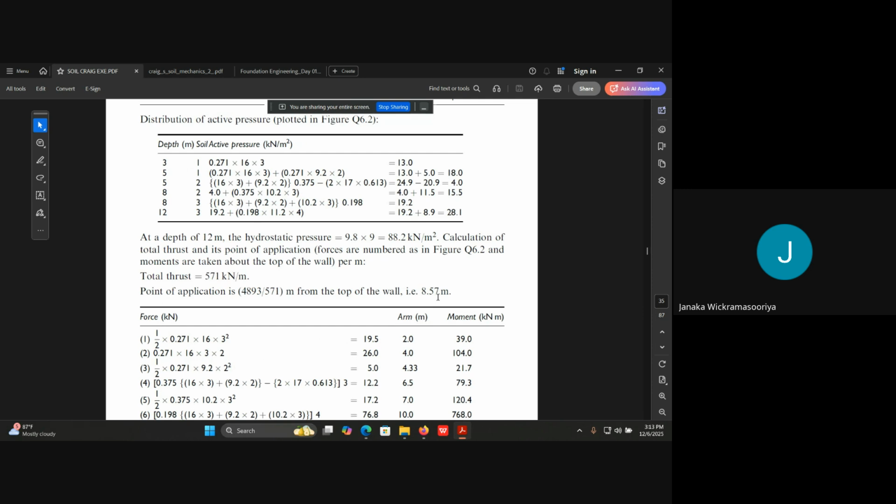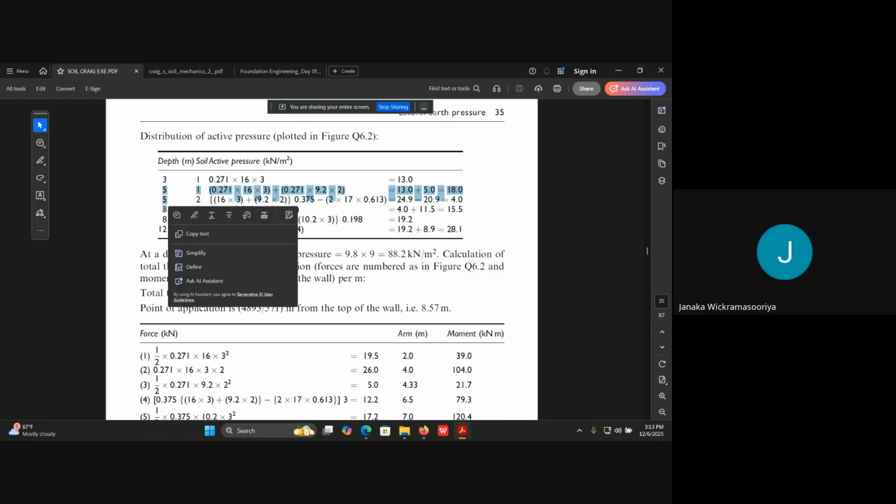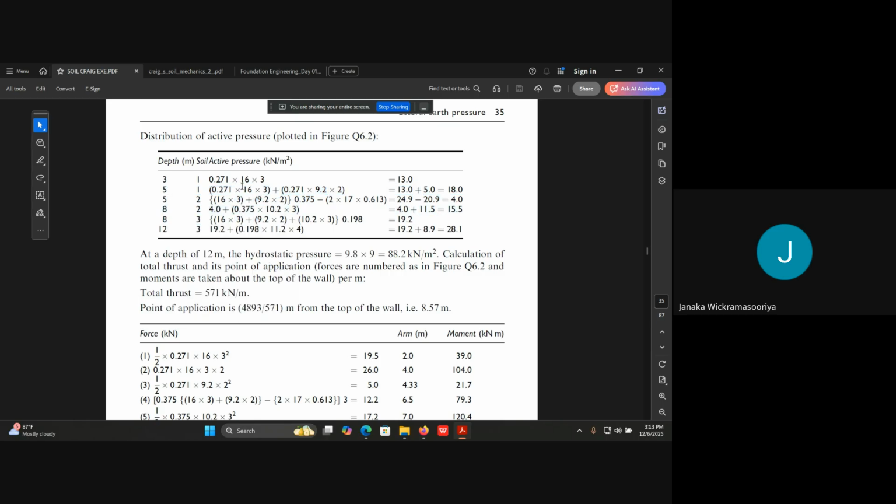So after that, you can determine the stresses at each and every point at each depth. Now at the depth of 5 and 8, you will get two values because that is the changing point of two materials with two friction angles.